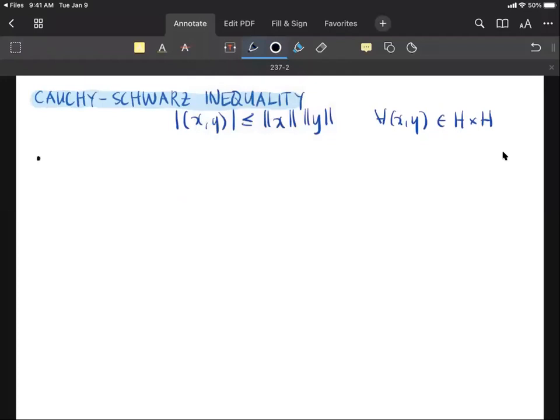First one, the zero case. In other words, the inner product is 0. Then the inequality is trivial. Why? Because we know that a norm is always non-negative, therefore this is always the case. Okay.